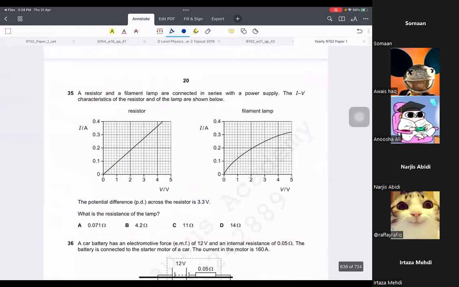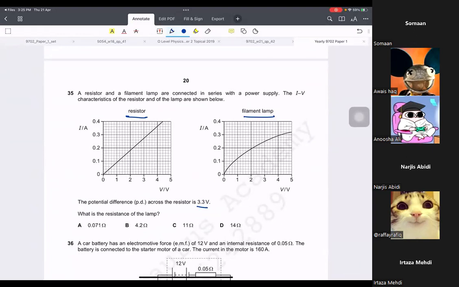A resistor and a filament lamp are connected. The potential difference across the resistor is 3. What is the resistance of the lamp? This is the resistor, this is the filament lamp. The potential difference across the resistor is 3.3. They are in series, right?